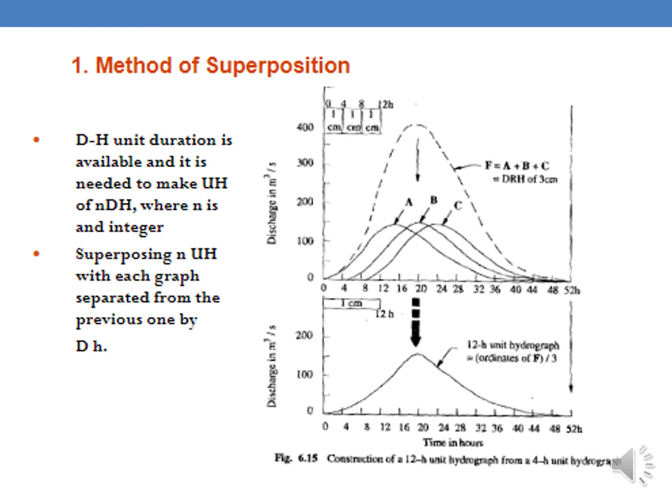So a D-hour unit hydrograph is available and it is needed to make the unit hydrograph of nD hours, where n is an integer. Superposition is done with n unit hydrographs, each graph separated from the previous one by D hours.